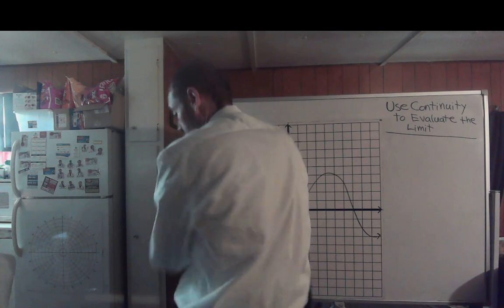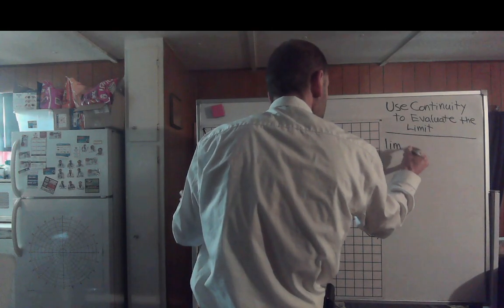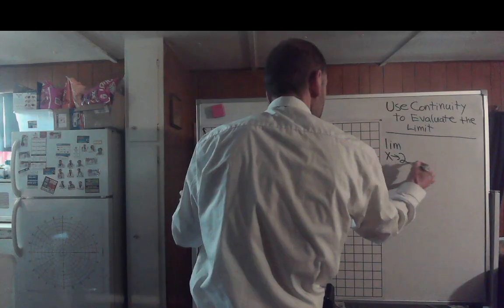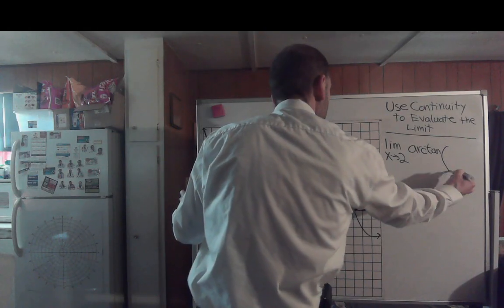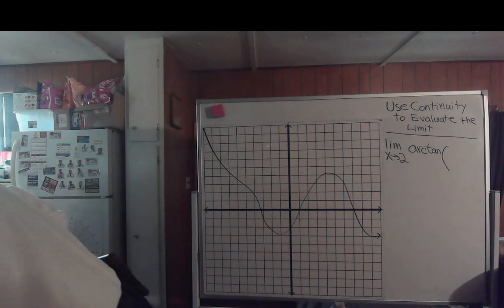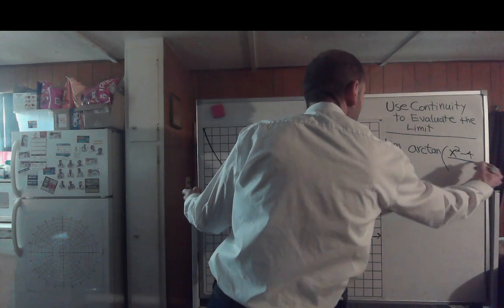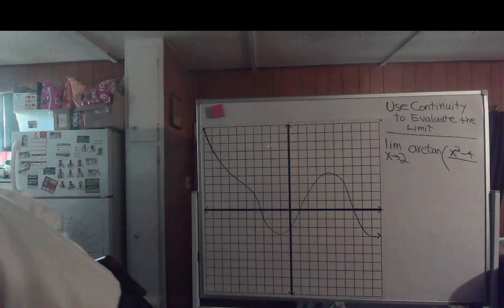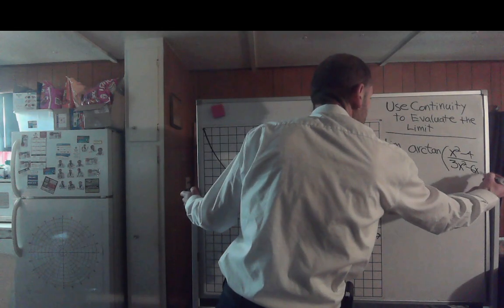This one's a good one in my opinion. The limit as x approaches 2 of the arctangent of x squared minus 4 all over 3x squared minus 6x.